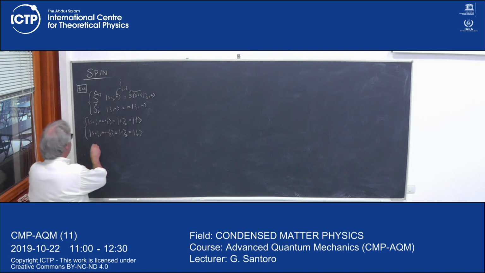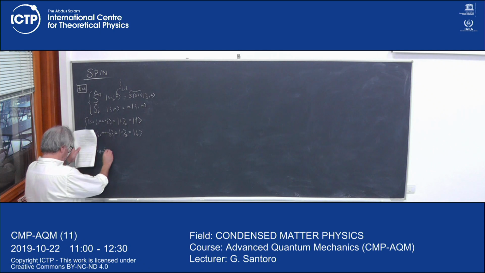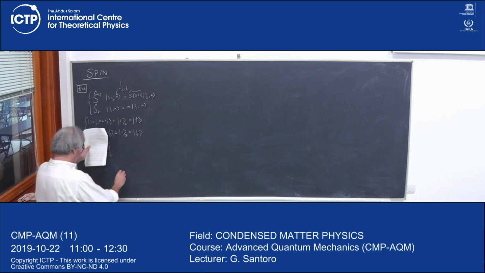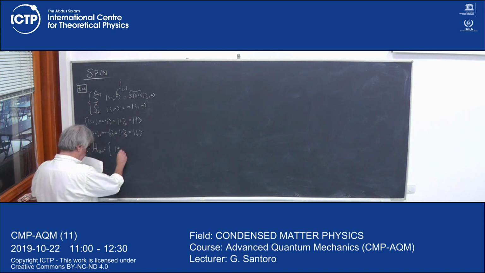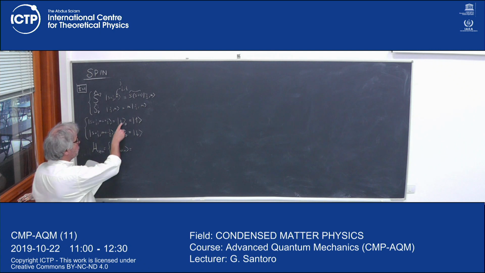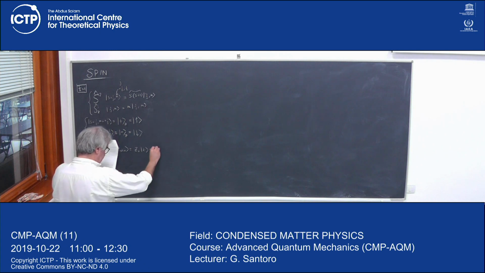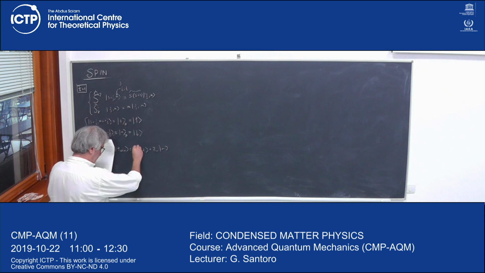Okay. So here is our Hilbert space. I would call it H spin. It's essentially made of states that I will call psi spin, and they are simply a combination of these two states. So I will call it Z plus times plus, plus Z minus times minus. These are two complex numbers.